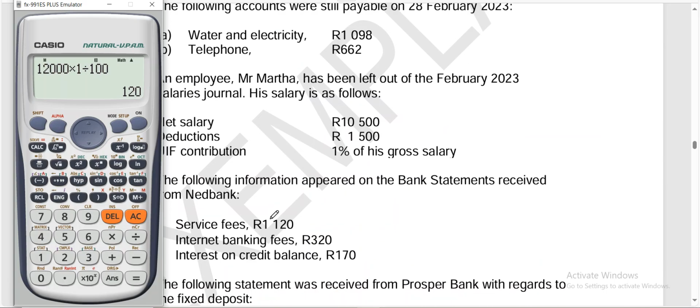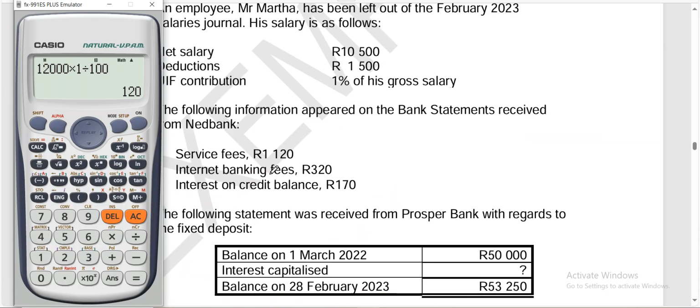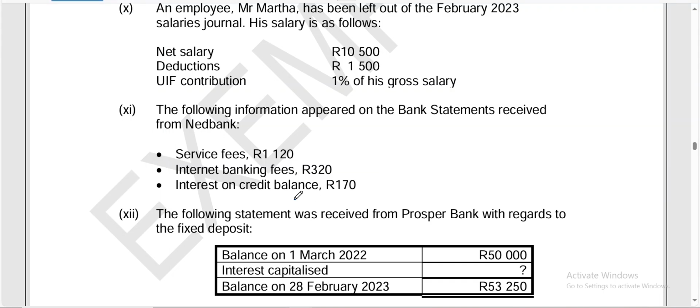The next transaction says that service fees, internet banking fees, remember we regard this as bank charges, and then the interest on credit balance is interest income. Remember, our bank balance on our account that we prepare on the ledger is favorable on the debit. So on the statement, it will be favorable on the credit side. So you must also remember that. So bank charges will add these two.